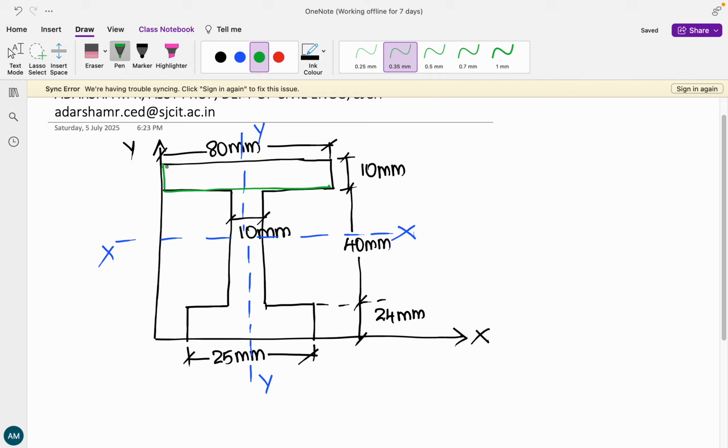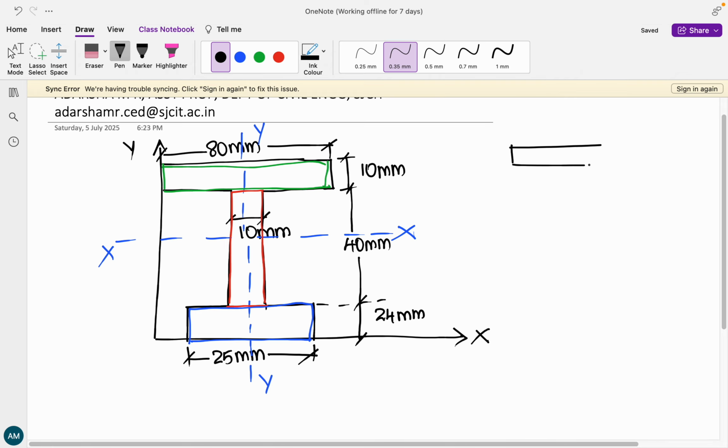First, this rectangle, then it's going to be this one. This is going to be component 2, followed by the base one, which is going to be component 3. Let us mention them over here.